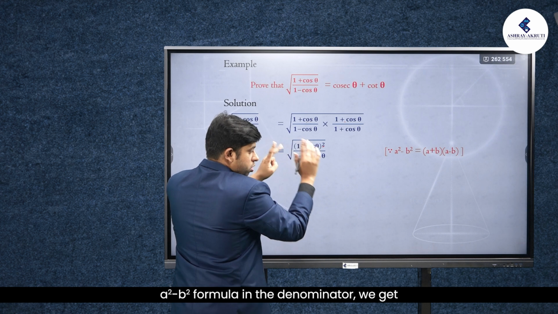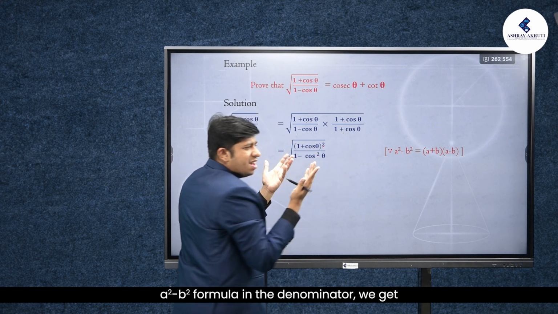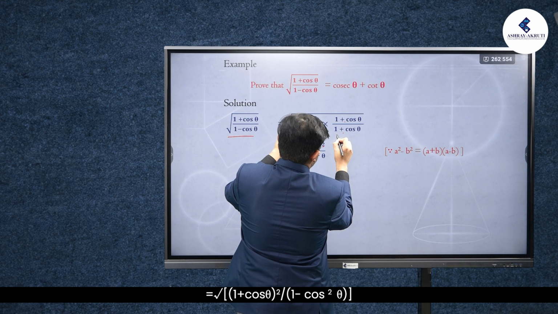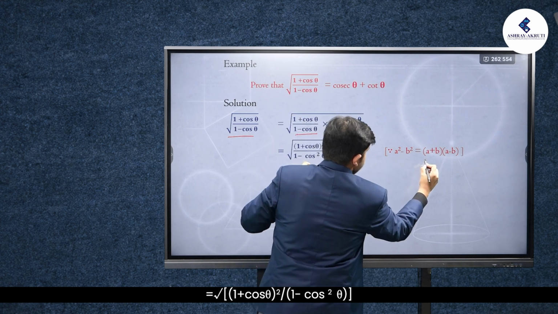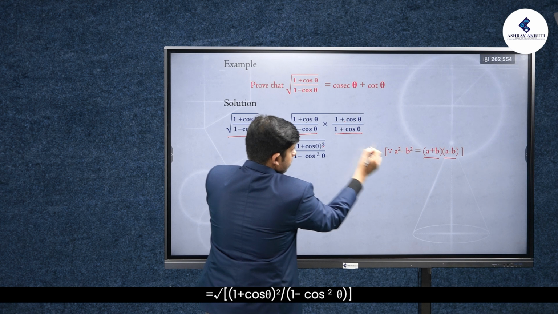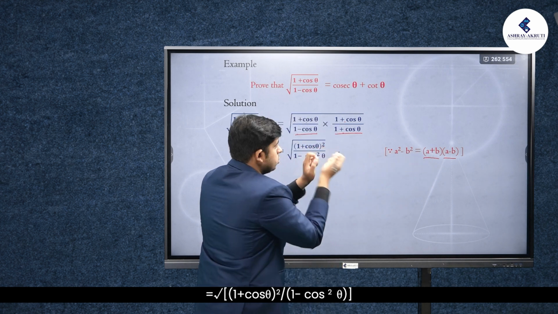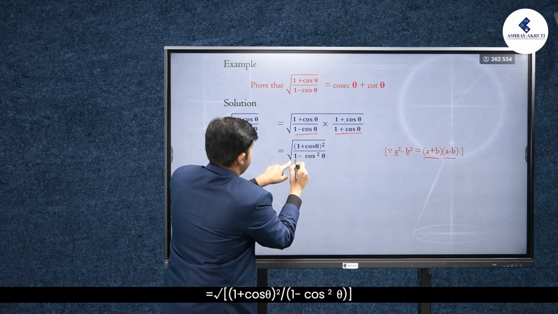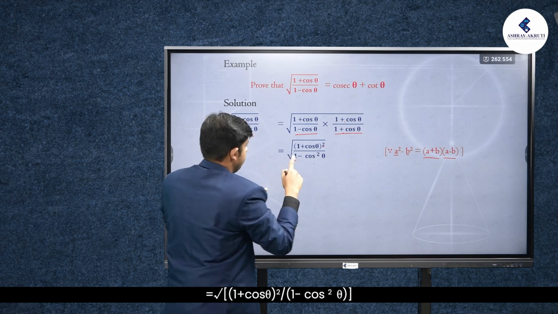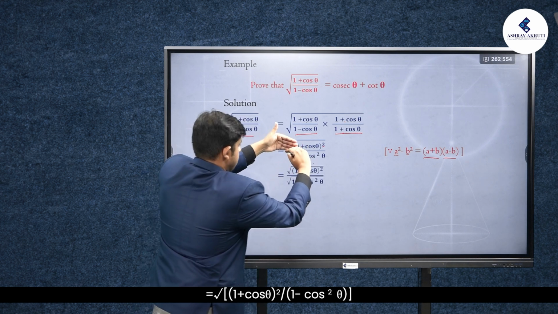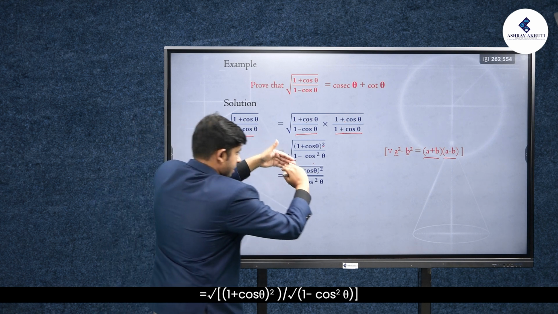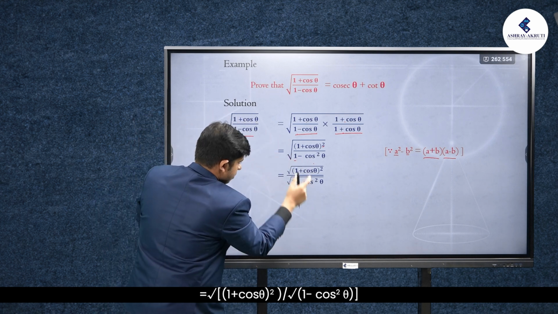By using a square minus b square formula in the denominator, we get under root (1 plus cos theta) whole square by (1 minus cos square theta). That is equal to under root (1 plus cos theta) whole square by under root (1 minus cos square theta).